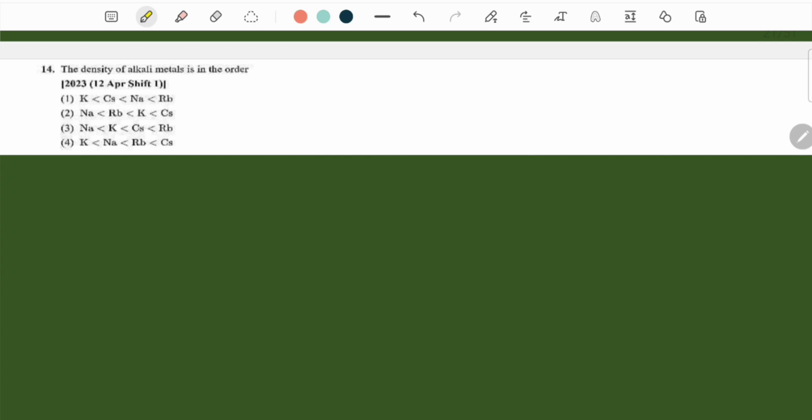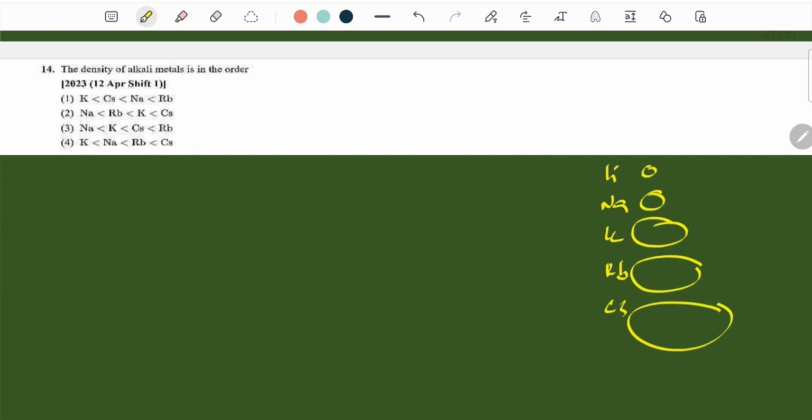Now the alkali metals are lithium, sodium, potassium, rubidium, cesium. Going down the group, their size increases and the volume of the atom also increases.